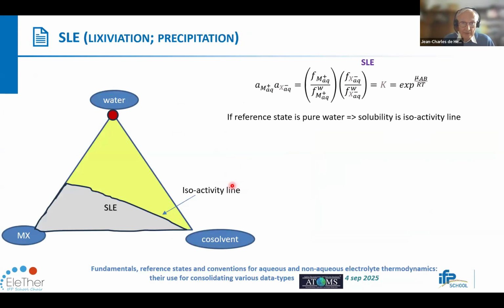Next, another type of property that is possibly of interest to us. Certainly of interest to us, because that's what we want to describe also, that's solid-liquid, typically in liquefaction or precipitation phenomena.